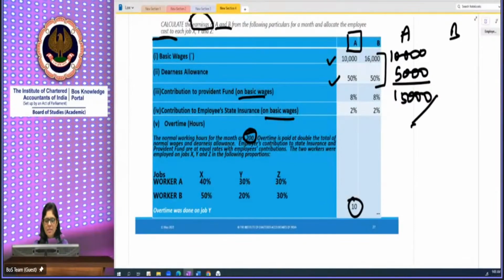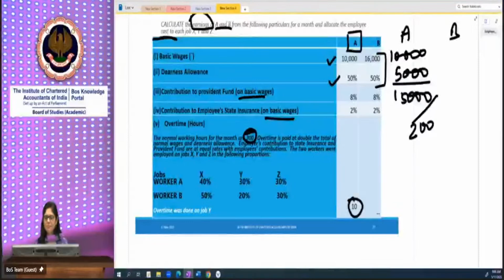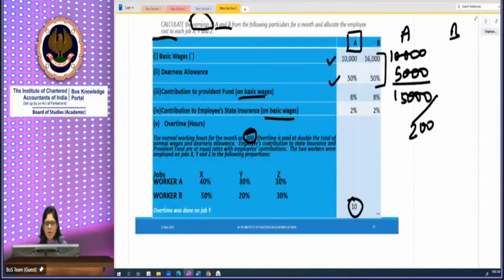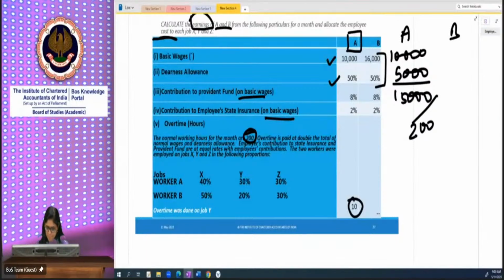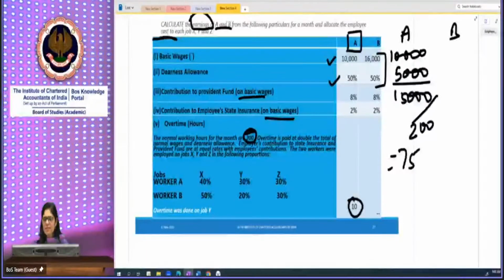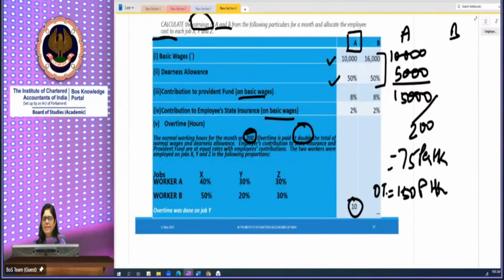Rate per hour, with normal hours of 200, so it comes to 75 per hour. For overtime, you have to pay double the total of normal wages. So 75 per hour means overtime will be 150 per hour. It's double the rate of basic and DA. This is how you calculate.